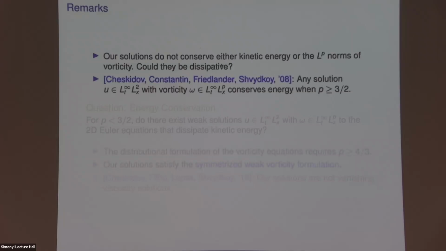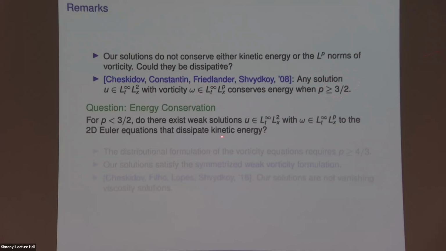And here is a comment about energy conservation. It's known that when given a solution, again, with vorticity in L^p, when p is bigger or equal than 3/2, then the kinetic energy is conserved. Our p is way smaller than this. And a natural question is whether one can construct non-conservative solutions for every p smaller than 3/2.